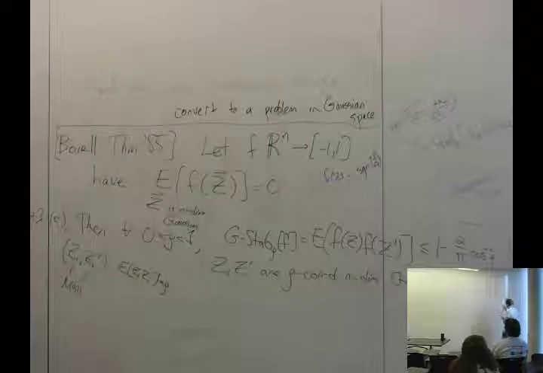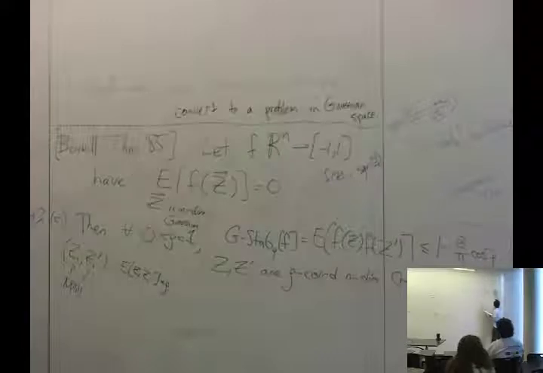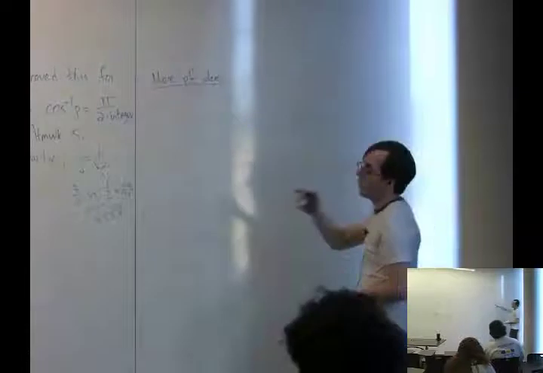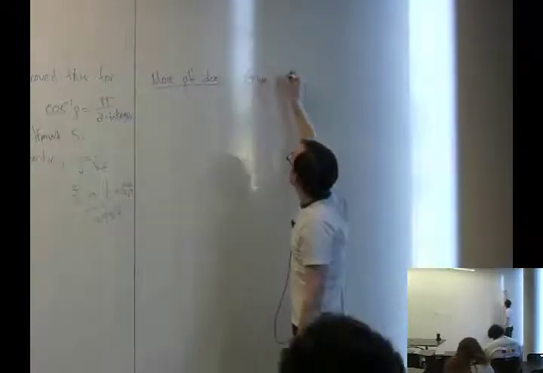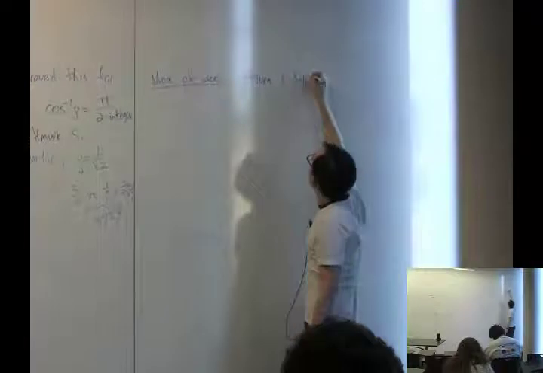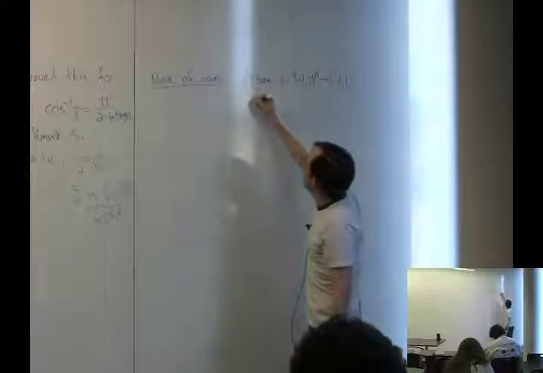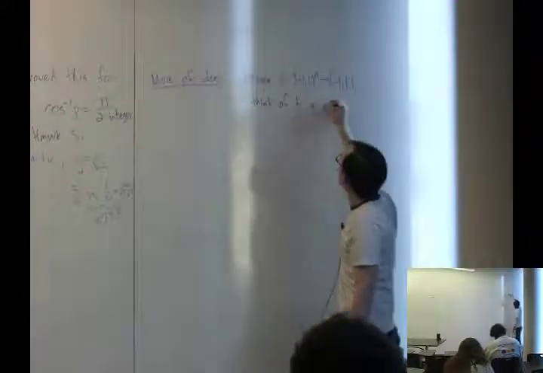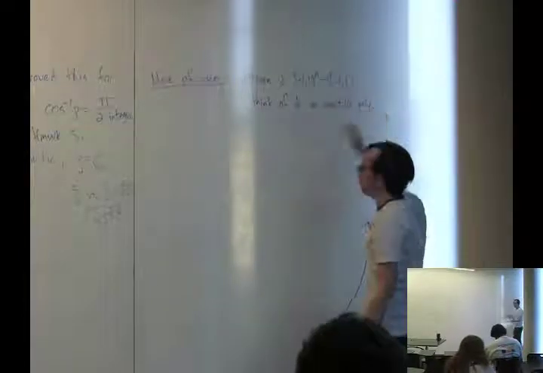OK. All right, so let's do more proof ideas. This is the theorem we're trying to prove. Let's say we're given f. Think of it as a multilinear polynomial, by which I just mean think of its Fourier expansion.